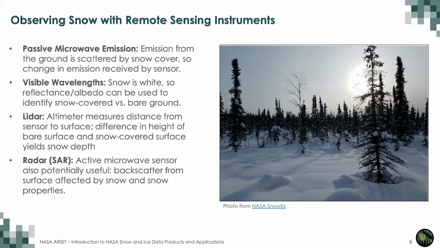The snow cover attenuates and changes the backscatter that you get from the sensor. And it's active microwave though, so it's powered from the sensor. I'm going to focus here on the passive microwave, in particular the visible and infrared wavelengths, because those are what are most commonly used for snow remote sensing by satellite particularly, and those are the products that we have at the NSIDC DAAC.